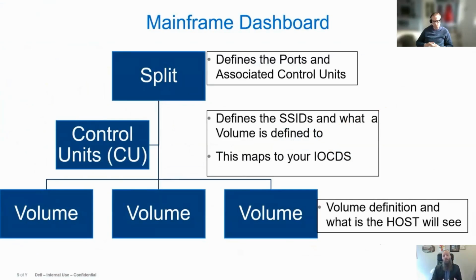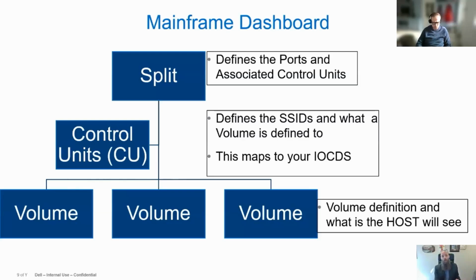So that is where you can go in through mainframe in Unisphere 10.1 and you can create a split. You can update a split, modify a split, you can delete a split. But understand, modifying or deleting splits can negatively impact your Z host processing. The reason why is if you take ports away from a split, then you're going to have less ports to service the I/O coming from your Z systems.